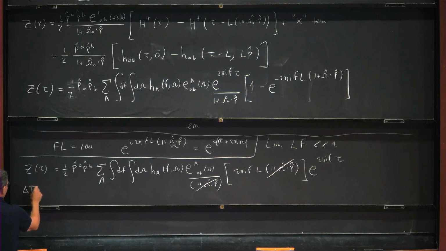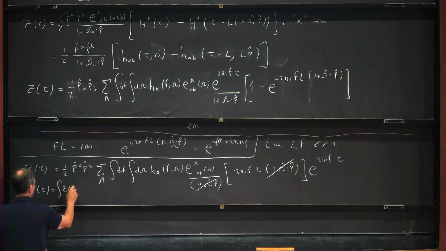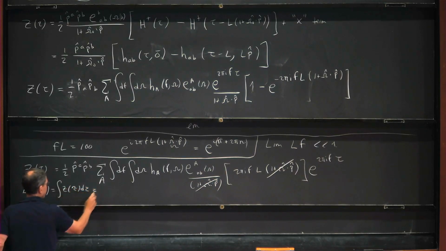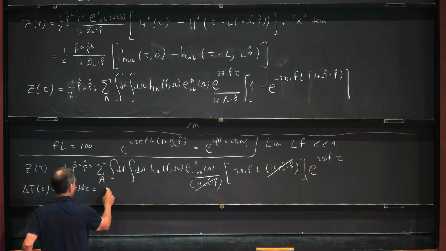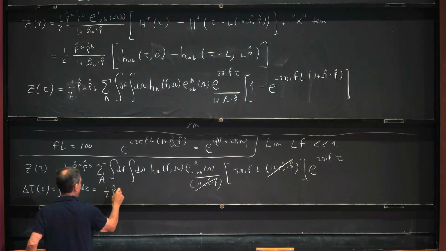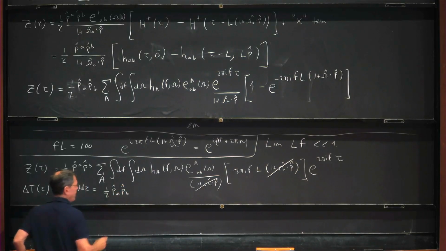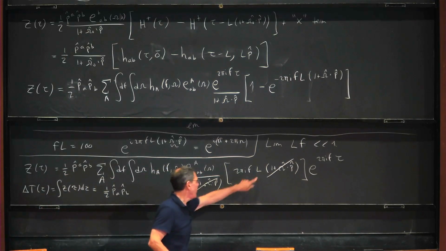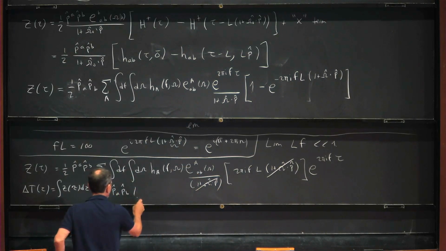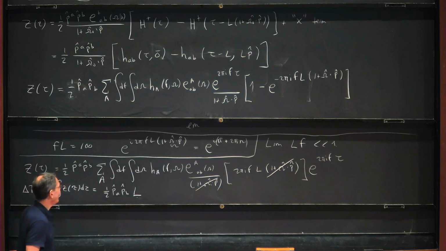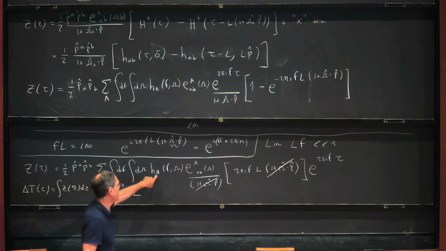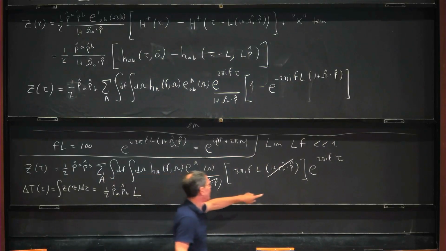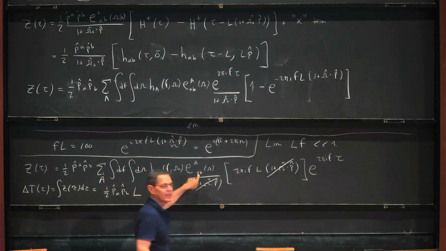So the timing delay as a function of tau in this short arm limit, that's the integral of z of tau d tau. It's just 1/2 p hat A, p hat B. There's going to be a remaining factor of L. And then there's going to be this integral, sum over A, integral df, integral d omega, HA of f omega, times the exponential factor, times the polarization tensor.